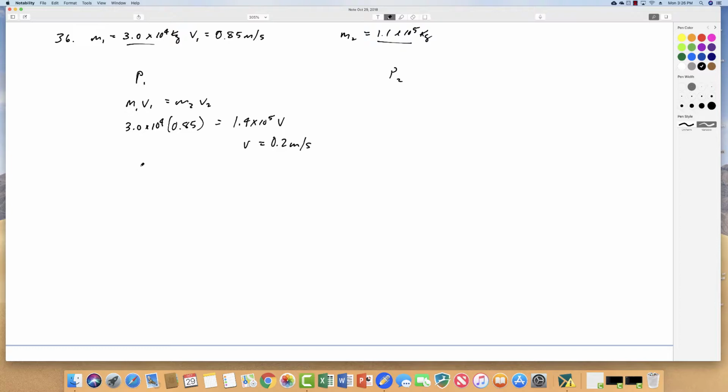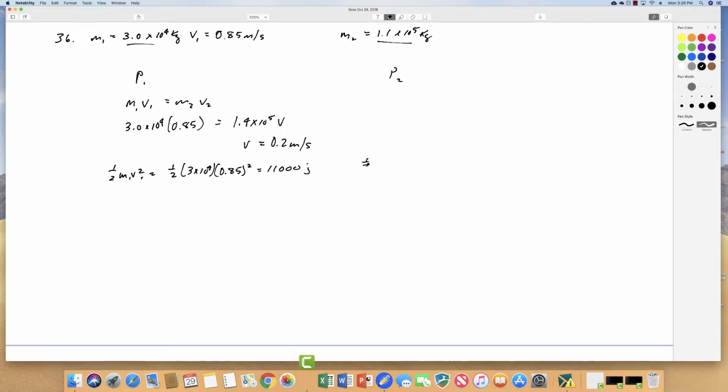Now it's asking, again, what's the loss in kinetic energy? Well, the first one, you have 1/2 mv squared. So it's going to be 1/2 m1 v1 squared. That's going to be 1/2 times 3 times 10 to the 4th times 0.85 squared, and that's going to equal 11,000 joules.